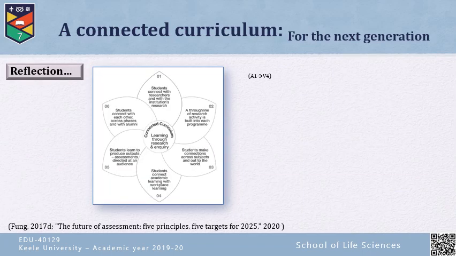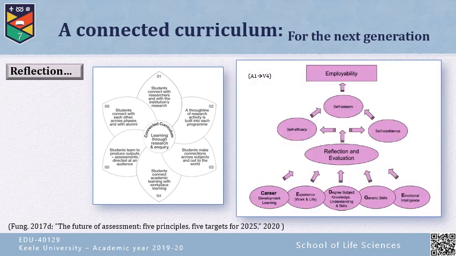Let us reflect for a couple of minutes and allow me to tell you some action plans that I will be taking for the design and development of my module in the next academic year. So we talked about creating a connected curriculum, a curriculum that is inclusive, a curriculum that has the needs of our learners, our students, at the heart and center of its planning, design and development, and we talked about our students' needs, their skills that are somehow undeveloped.